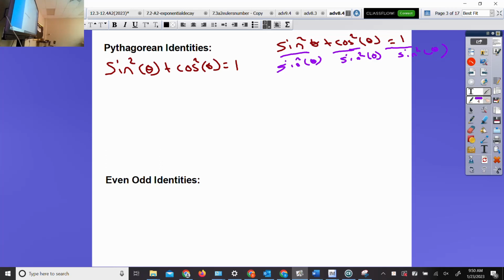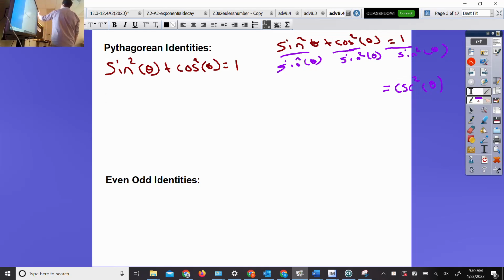The very right-hand side of that says 1 over sine squared. What's 1 over sine? Cosecant. So what do you think 1 over sine squared is? Cosecant squared. Doesn't take a huge leap of faith to establish that. This becomes cosecant squared of theta.